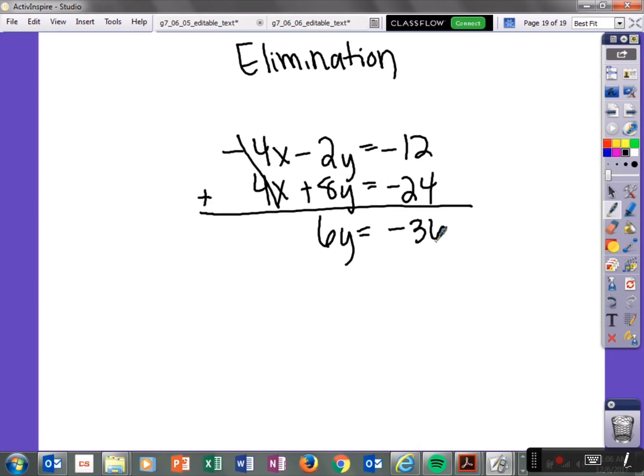And now what's the only thing keeping y from being by itself? Being multiplied by 6, so we need to divide by 6. -36 divided by 6 is -6.